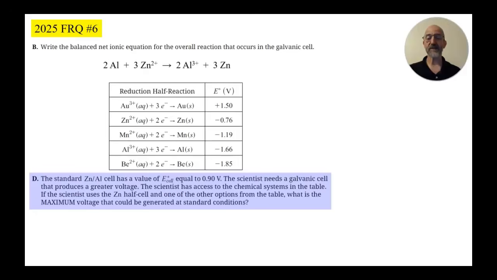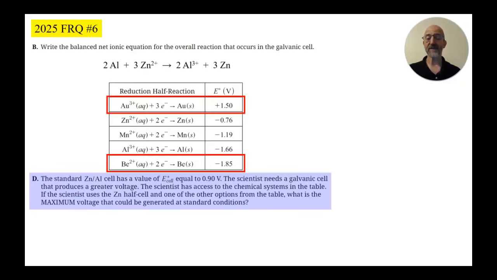All right, now this one, which is also from that same question from the 2025 AP Chemistry exam, it says that the standard aluminum zinc cell has a value for the cell potential of 0.90 volts, and the scientist needs a galvanic cell that produces a greater voltage. Now I see 5 different half reactions, and if I'm looking for the greatest voltage, I might pick this one, which is gold, and that's 1.50 volts.